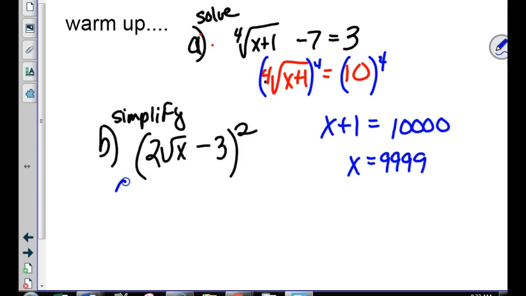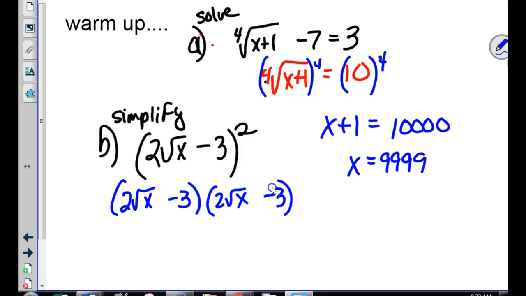Okay. This one is going to be really important today. To square this, okay, everybody paying attention? You have to multiply this times this. What is that going to give you? 2 square roots of x times 2 square roots of x. 4, just x, because square root of x times square root of x is the square root of x squared, which is just x.